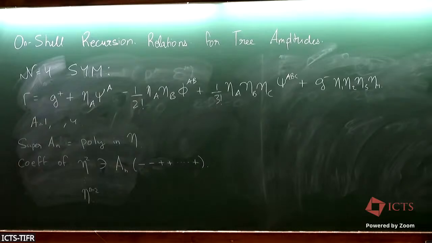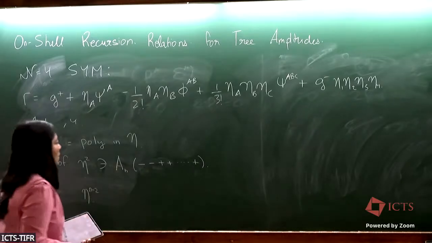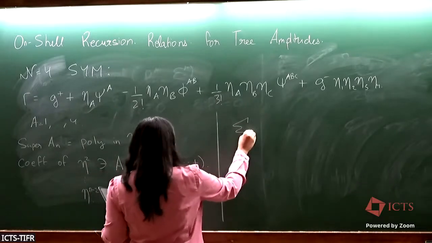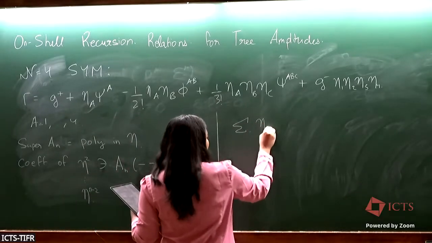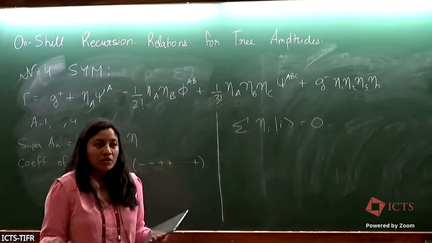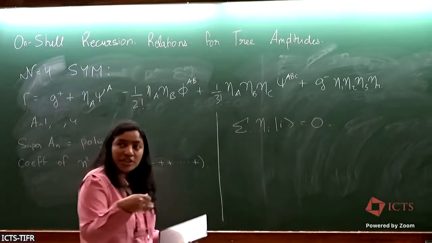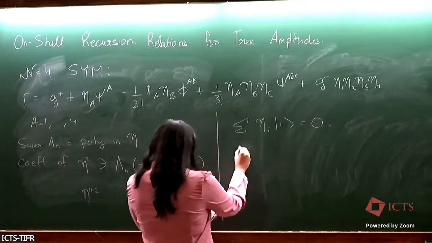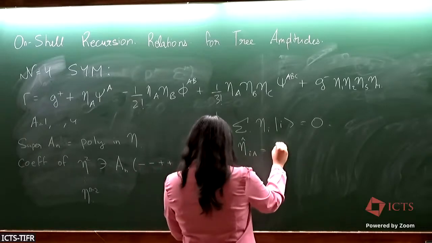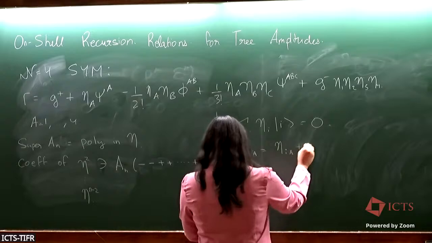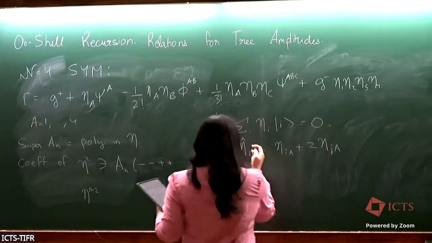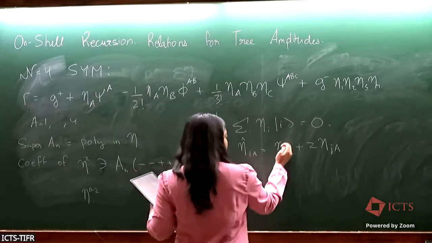Okay, good. So in these variables, you now can write down the following on-shell condition. And now the game is the same. You want to write down an on-shell deformation that satisfies this. So you'd say eta i A hat equals eta i A plus z eta j A. So earlier we had chosen i and j to be 1 and 2, so I'm going to do that again.